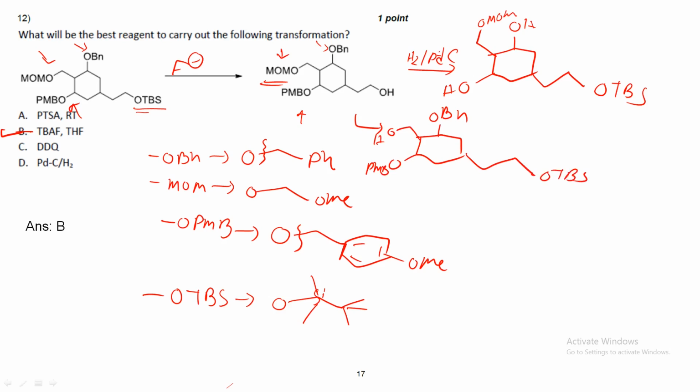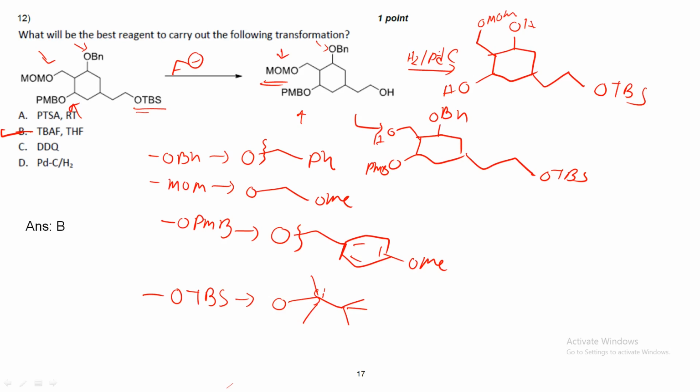So you can see how with different conditions we can manipulate the system and deprotect different things. So that's how you can think of how the use of different protecting groups can be useful. Let's say I want to do the chemistry only at this center, then I would be using fluoride minus.